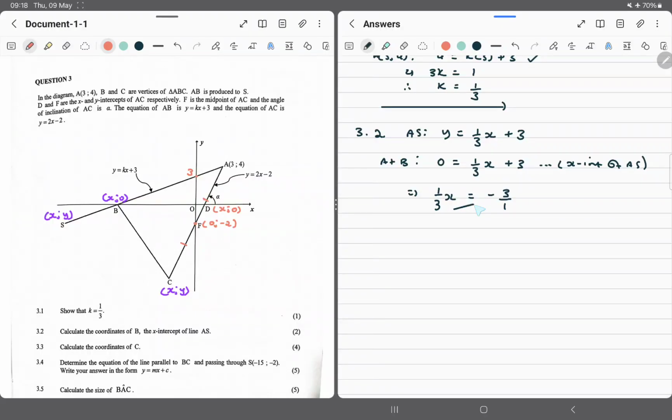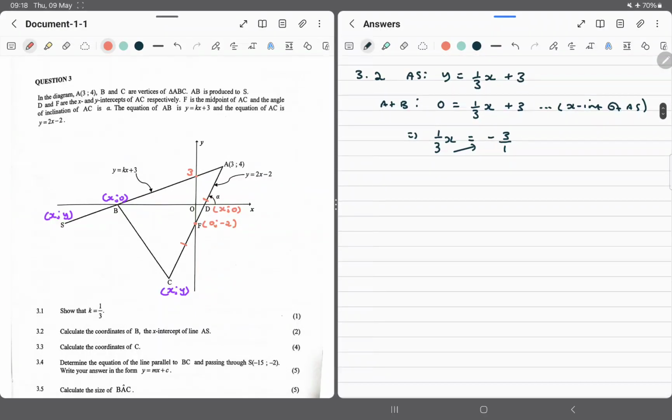Then I just cross multiply the 3. This gives me minus 9. Or you can divide by a third both sides, then that will flip.